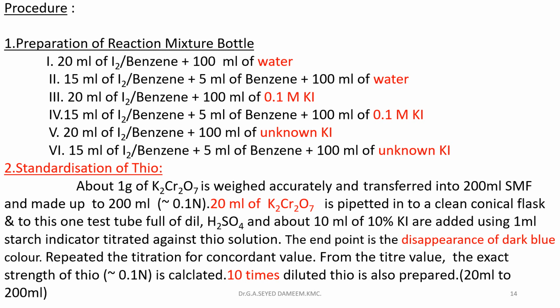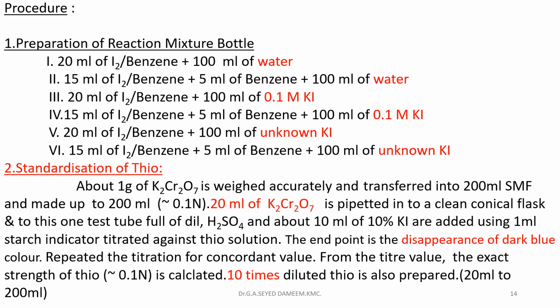Next, standardization of thio. About 1 gram of potassium dichromate is weighed accurately, transferred into a 200 ml standard measuring flask and made up to 200 ml with distilled water. The strength of this dichromate solution is about 0.1 normality, and the exact strength is calculated. 20 ml of this dichromate solution is pipetted into a clean conical flask, and to this, 1 teaspoon of 2N dilute sulfuric acid followed by 10 ml of 10% KI are added.